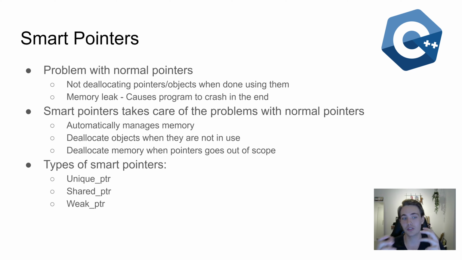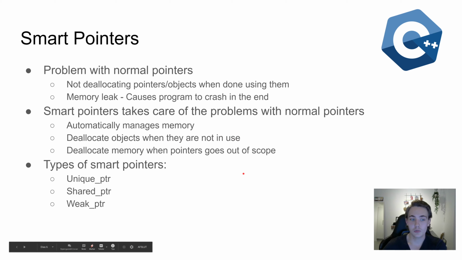If we don't deallocate our pointers, they just accumulate in memory. They are still stored in memory, but we can't access them again, and it will cause the program to crash.